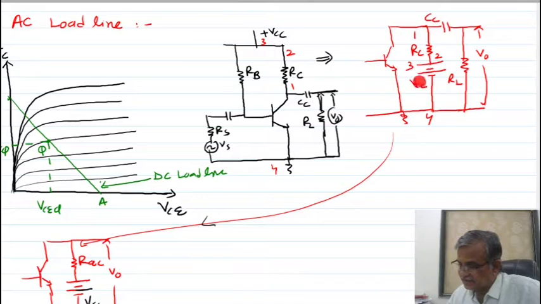VCC has no resistance. This is an ideal power supply, so the internal resistance of the power supply is 0. It does not have any AC resistance, so I am neglecting this.